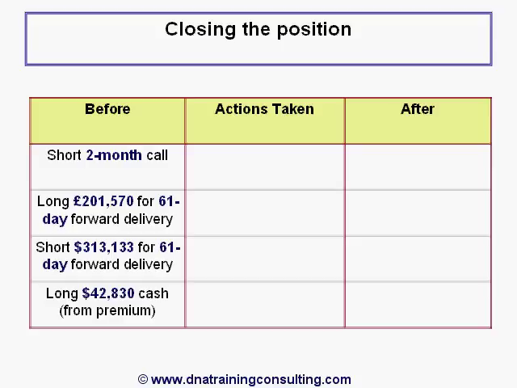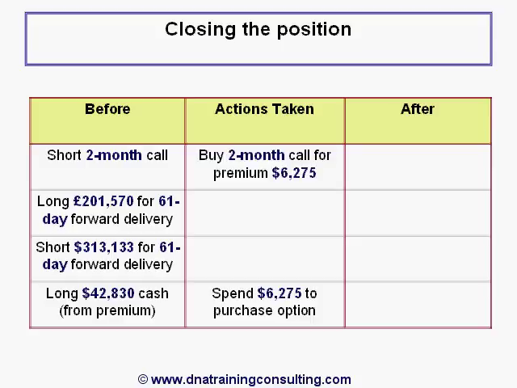First, the trader would purchase a 2-month call on sterling struck at 1.5 to offset his short call position, and this would cost him only $6,275, it turns out, given the shortened tenor and the drop in spot, which has now put this option out of the money and therefore made it cheaper.